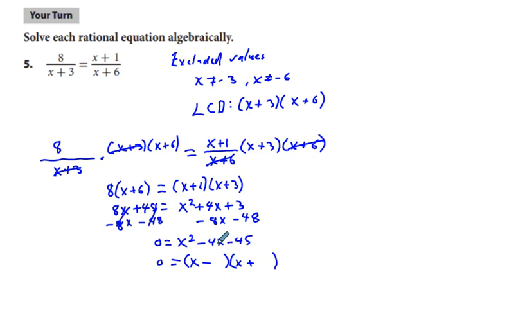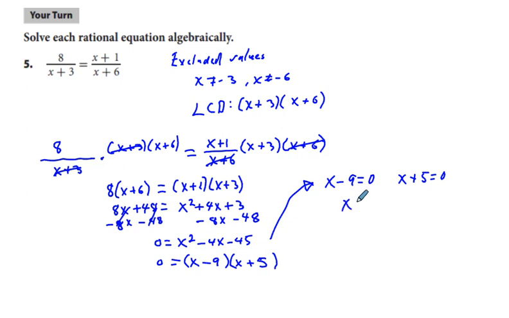I'm thinking 9 and 5. So if we have quantity x minus 9 times quantity x plus 5, that should work out. So we have x minus 9 is equal to 0, and we have x plus 5 is equal to 0.